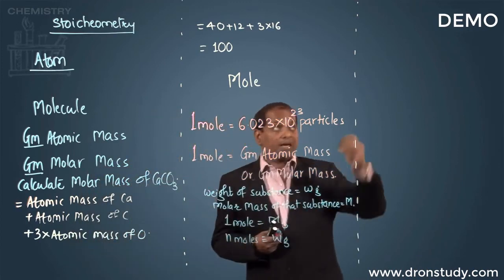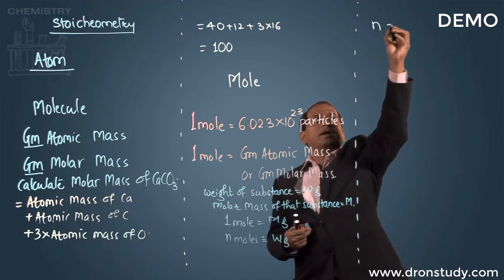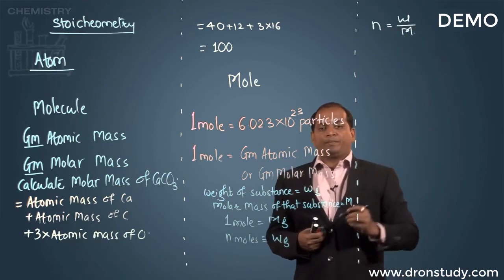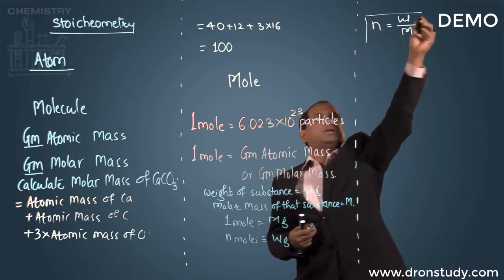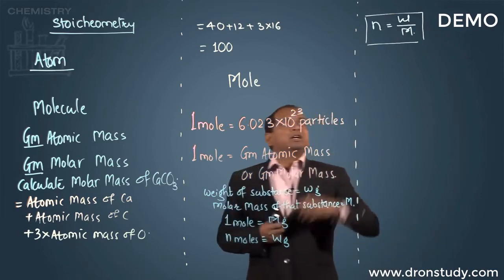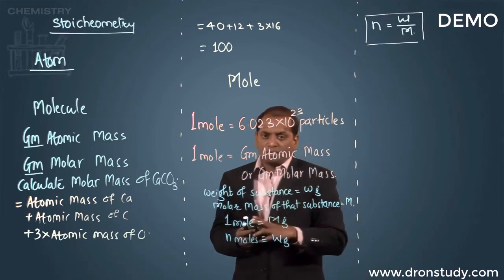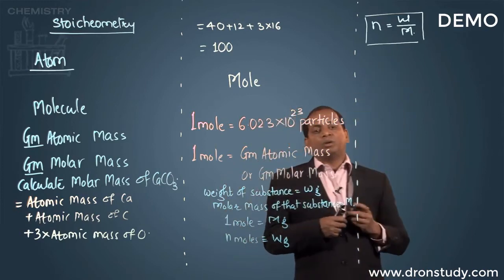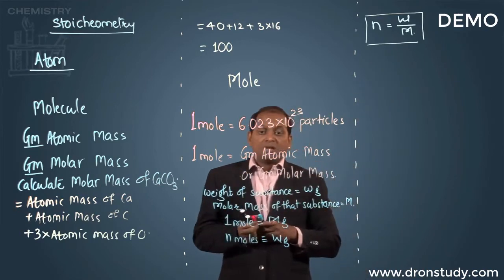If we cross multiply, N is equal to W divided by M. So this is the first formula we are deriving: number of moles is equal to weight of the substance divided by molar mass of the substance.